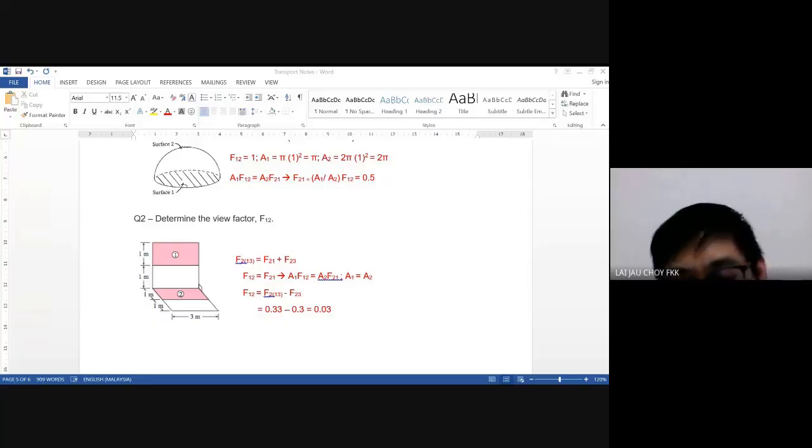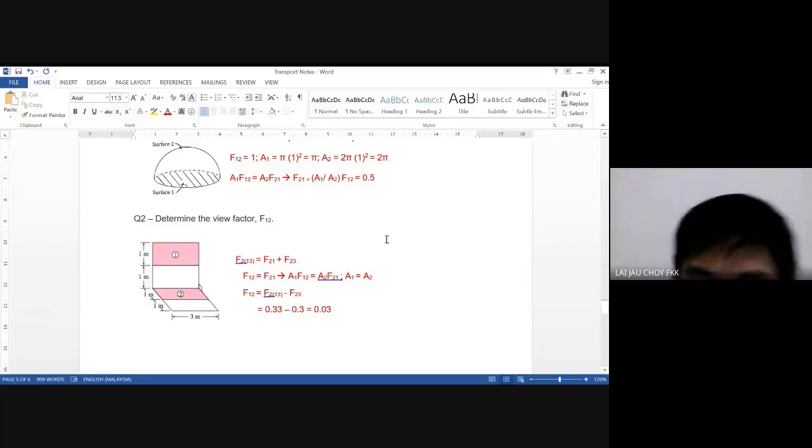Superposition rule, yeah. It's called the superposition rule. So using the superposition rule, you get this equation: F213 equals F21 plus F23.